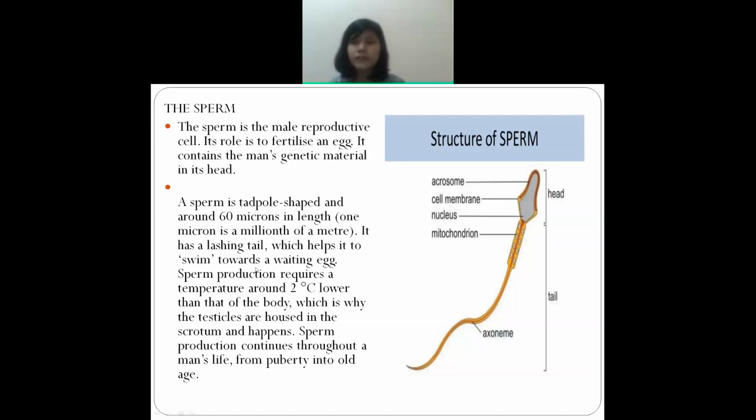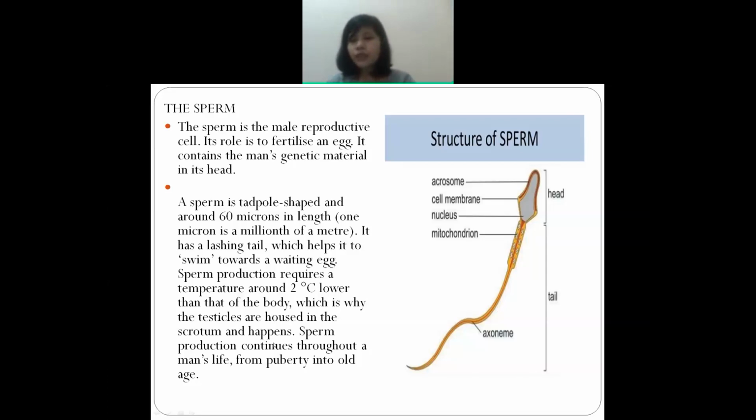That is the male and the female reproductive system. You can see that the production of the sperm requires a temperature around 20 degrees Celsius, which is lower than that of the body.